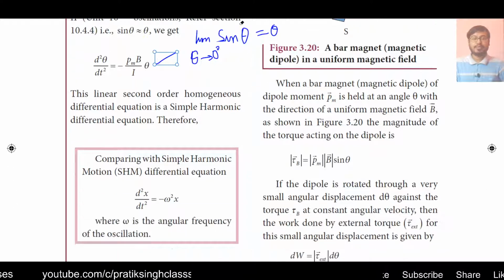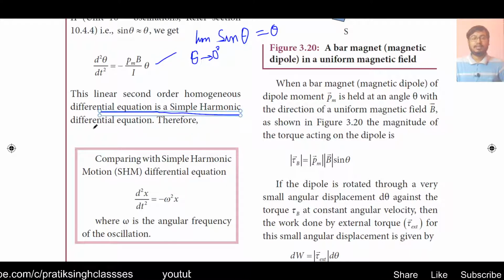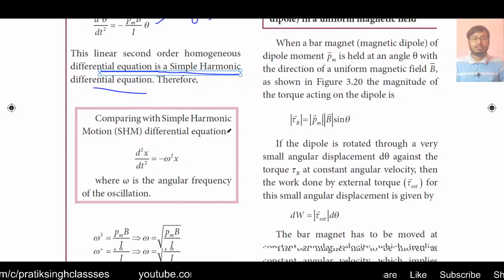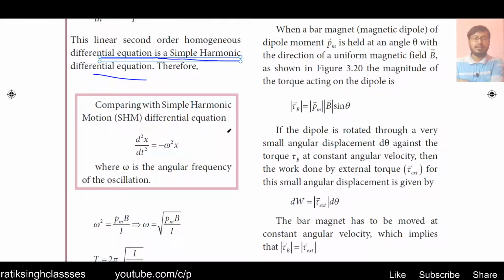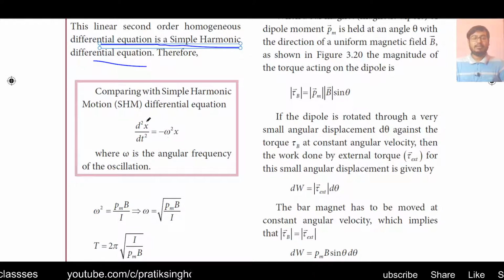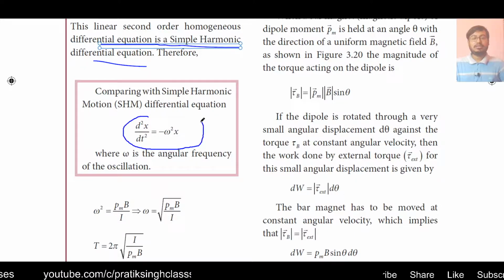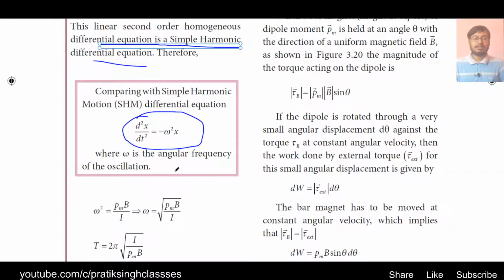The linear second order homogeneous differential equation is a simple harmonic differential equation. So comparing this with SHM, we know that d2x/dt² = −ω²x, where ω is the angular frequency.